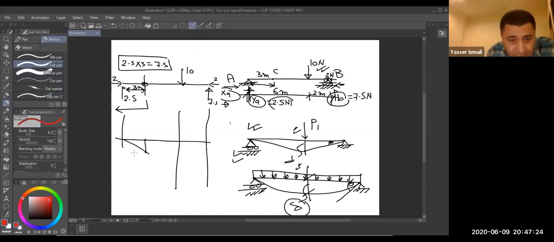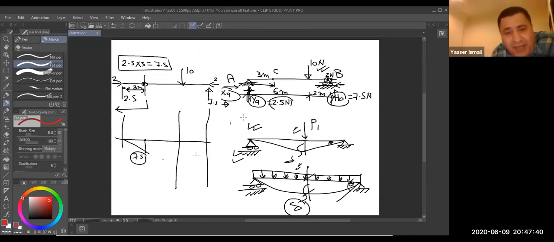Let us calculate it from the right-hand side, because the sum of moments at this point should be 0. The right-hand side should give the same as the left-hand side.